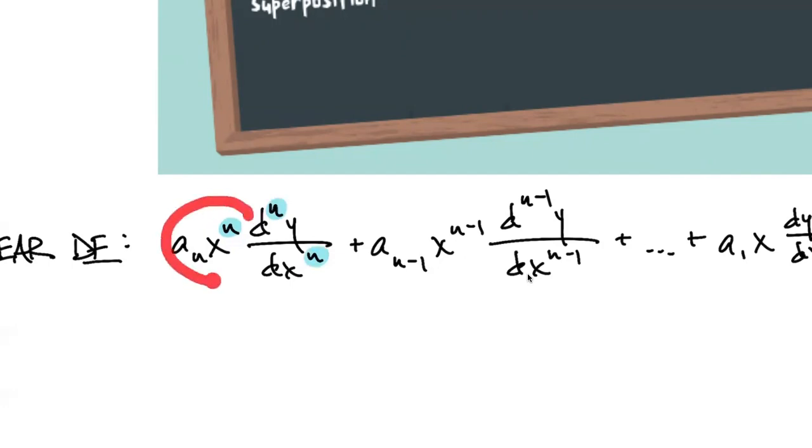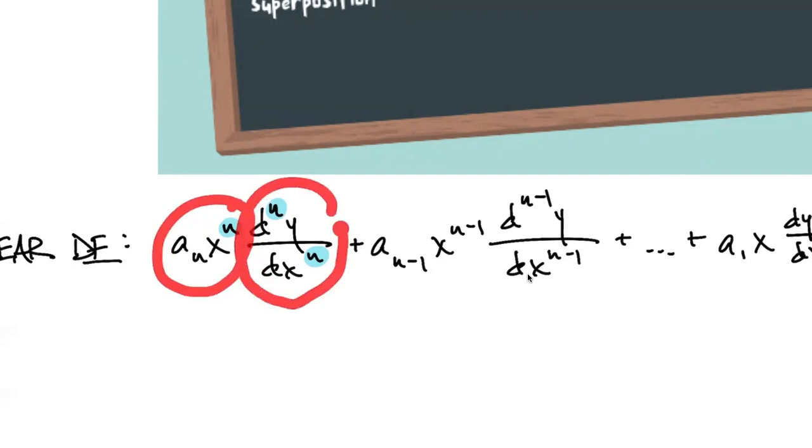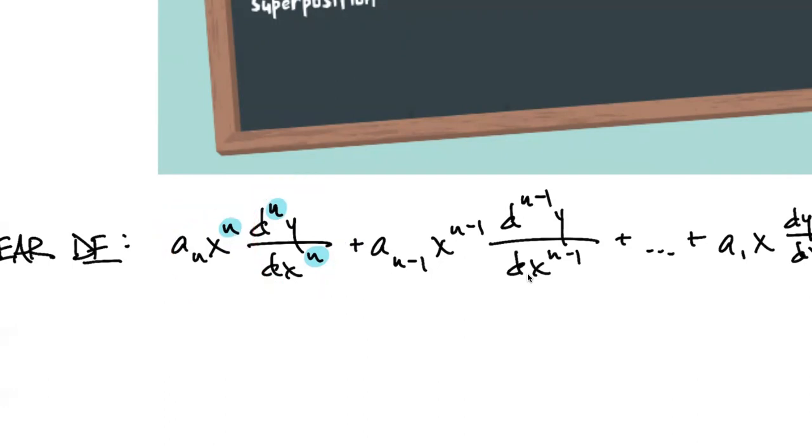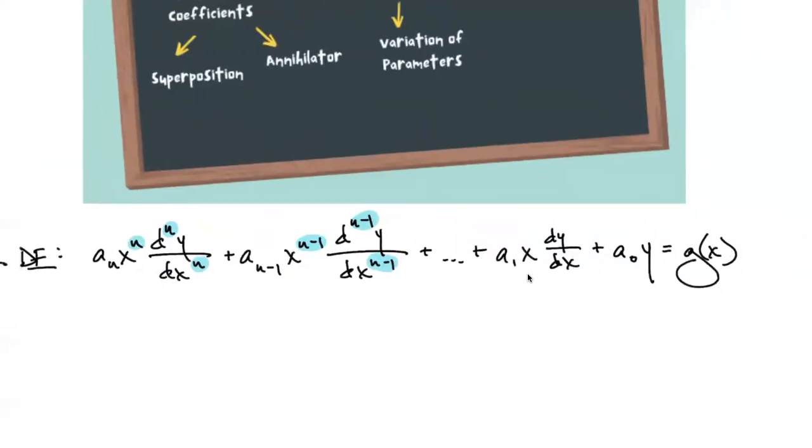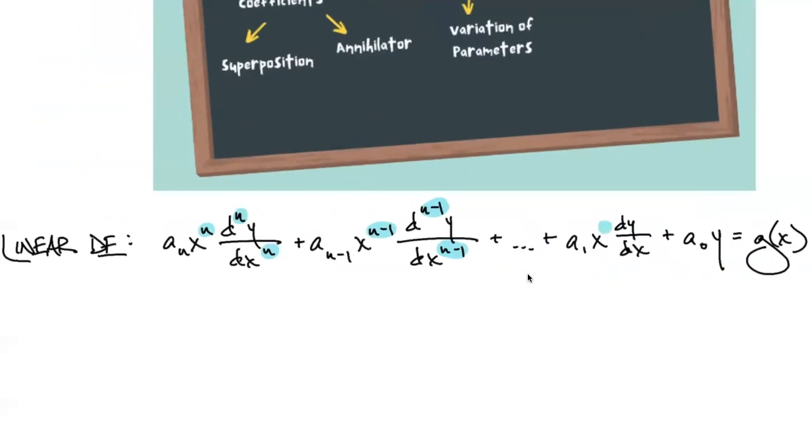So if I have an x cubed here, then this would be the third derivative. But if I had an x to the 10th, then this would be the 10th derivative. And with all of these matching, that's what makes it a Cauchy-Euler equation. All right, here it's a little harder to see, but we have x to the first, and this is a first derivative, all right? And so that is what makes it a Cauchy-Euler equation.